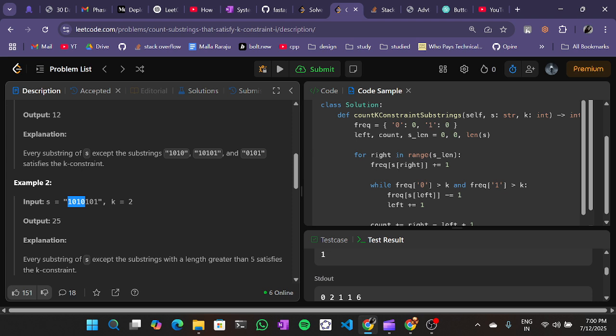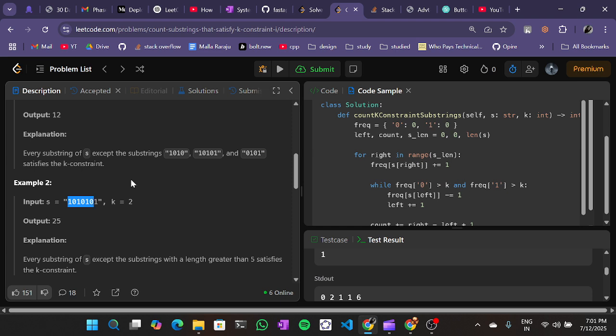Okay, so it is fine to have this subarray of 4. But when we hit 10101, the frequency of 1 is 3, but the frequency of 0 is still 2, so we can consider adding one more element.